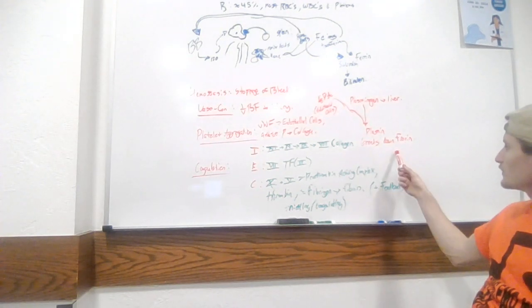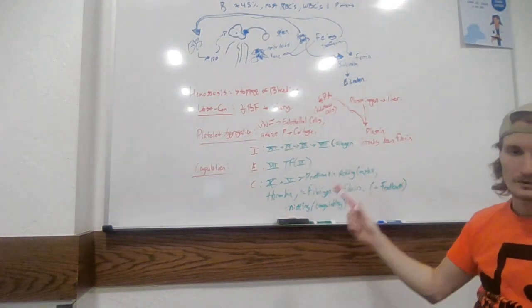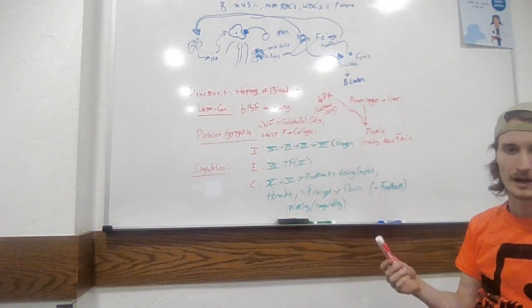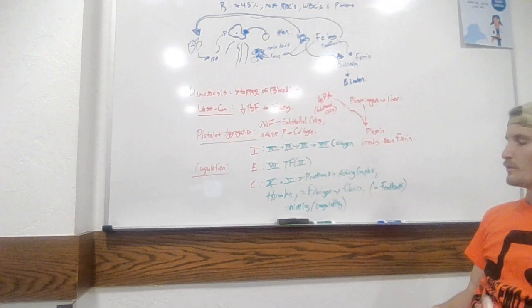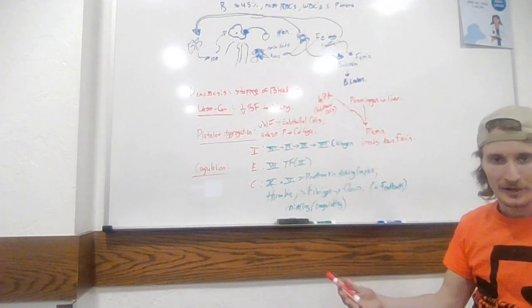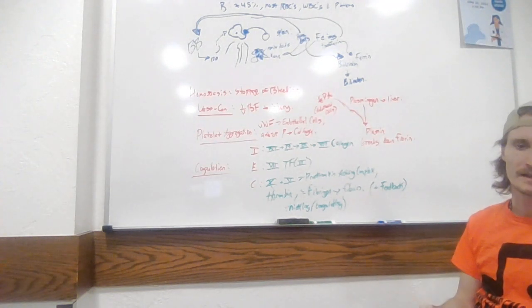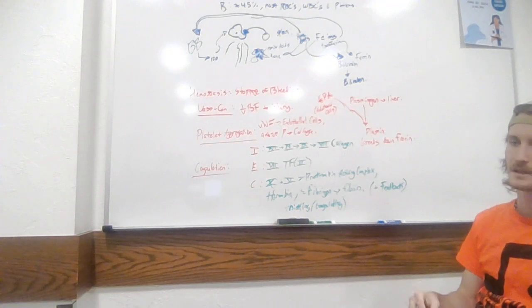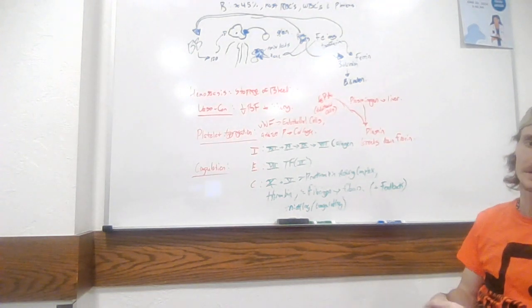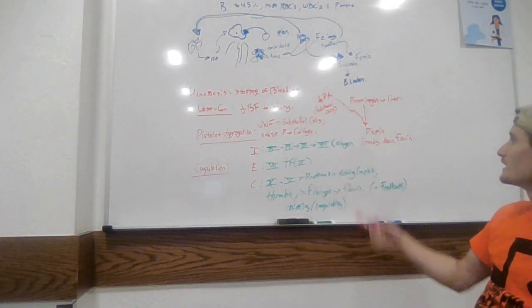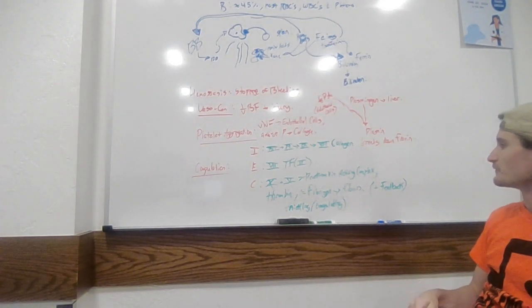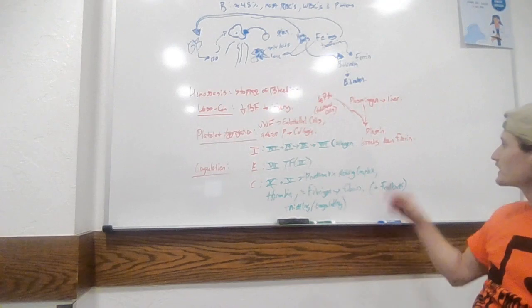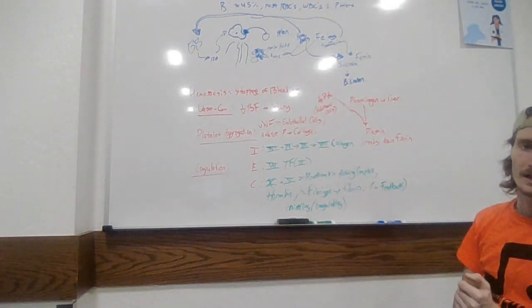We want this because if we get a wound, we want the blood to clot. We want all this to happen. But what would happen if it never went away? There has to be some process for us to get rid of the clot. That's what plasmin does: it will come in a couple days after the clot has been formed and the wound is healing, and it will start to break down the clot itself.